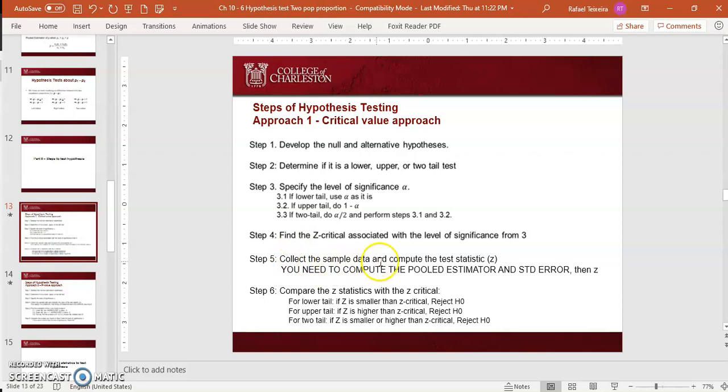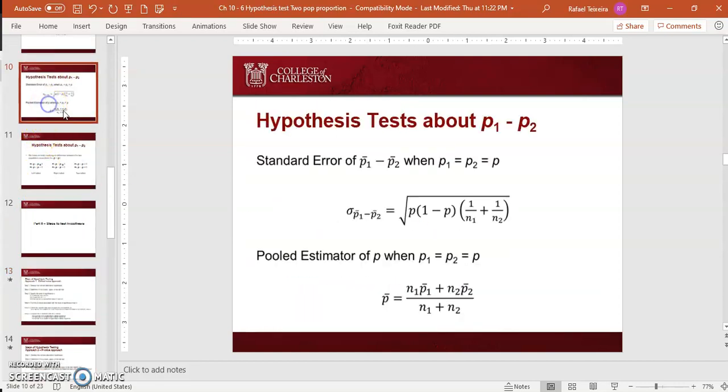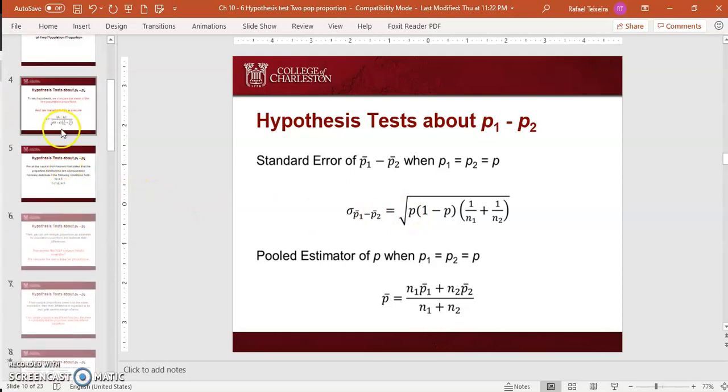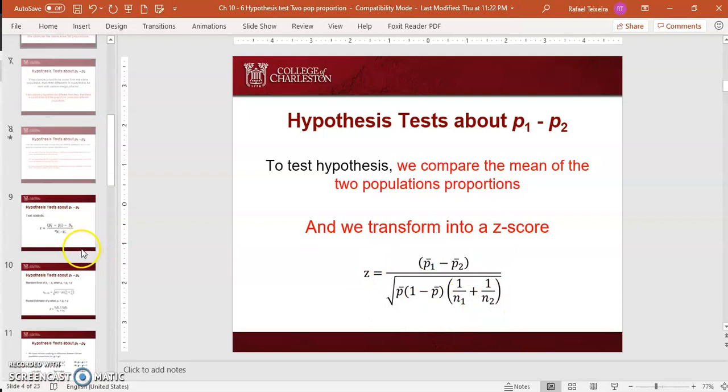And then you collect the sample data. This comes given in the problem, and then you compute the test statistic. But pay attention to this. You need to compute the pooled estimator and the standard error. The pooled estimator is this part here. Then you get the answer and plug in this formula. And then after plugging in this formula, you can go back here and have the z, okay?